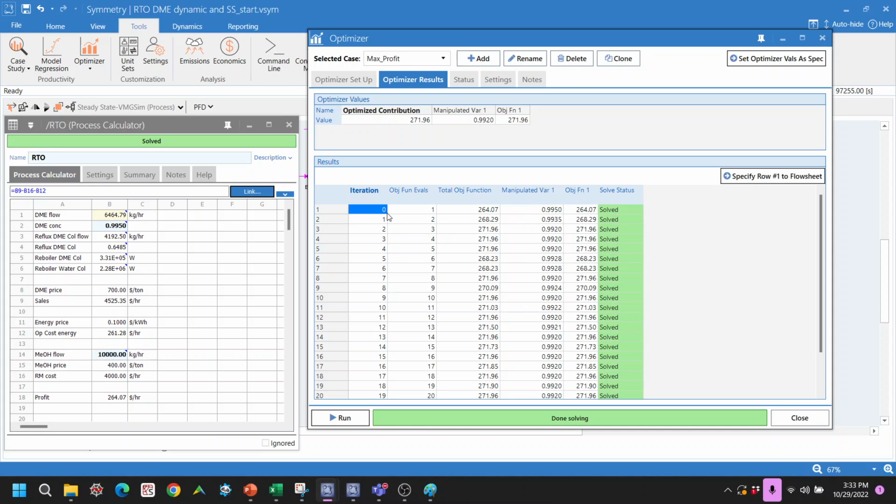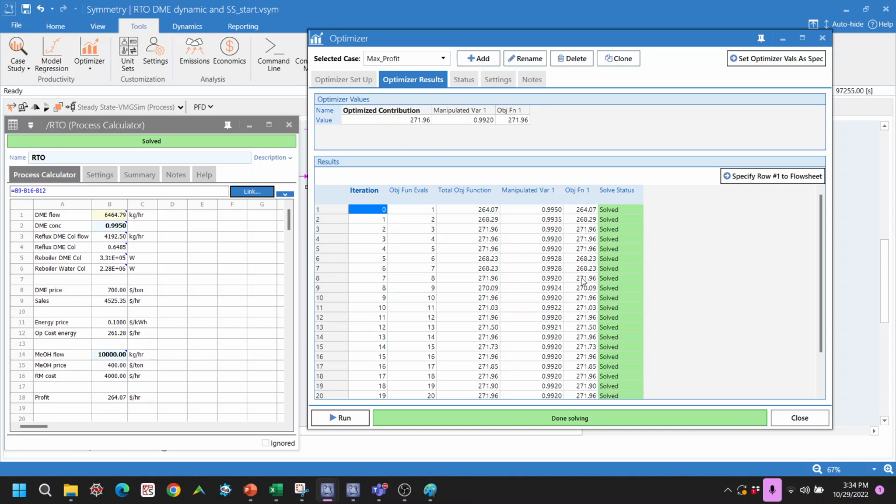In the first iteration these are the results, and in the second iteration it will try to reduce the reflux, and then you will get more money. It could be because you may sell more, or use lower energy consumption, right?